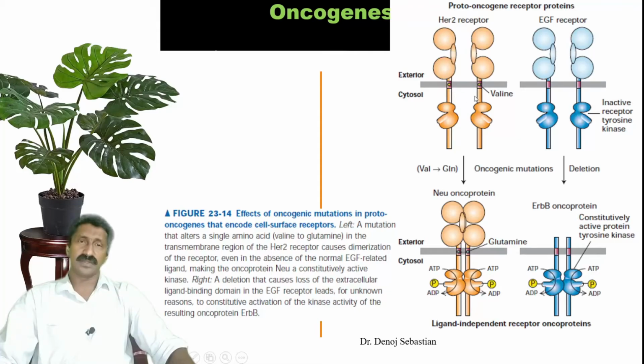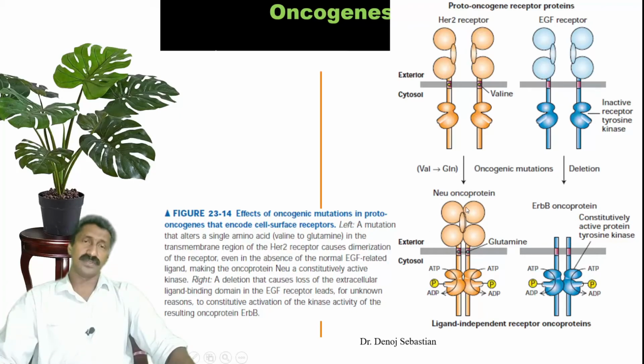Usually, in the normal state, there will be valine represented here, but a mutation from valine to glutamine results in an oncogenic mutation. So this oncogenic mutation, a change of valine to glutamine in the HER2 receptor, results in the production of a constitutively active state.